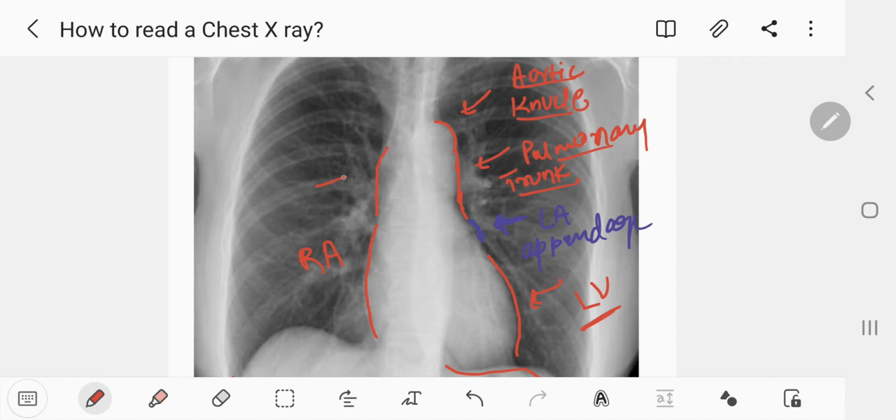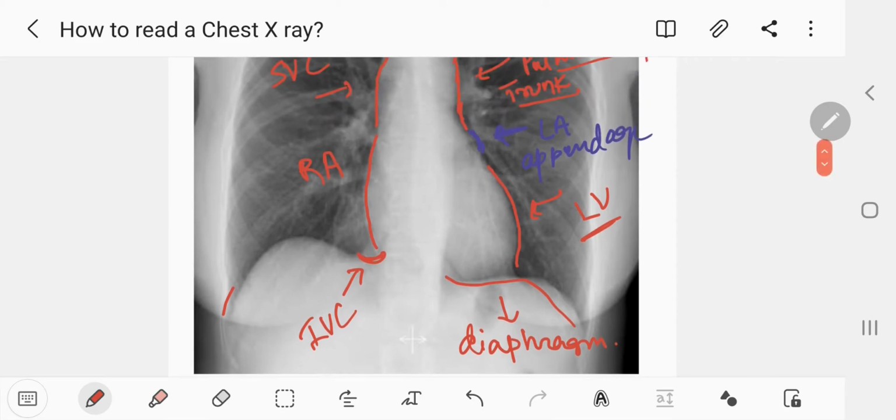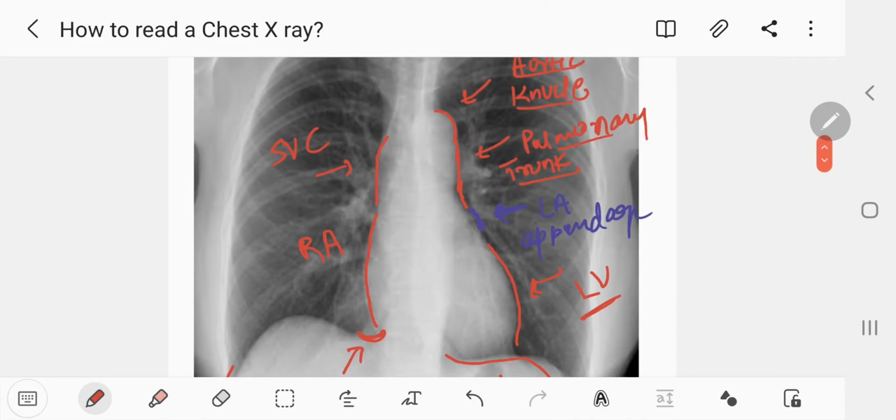Now, if you move forward over here, this is actually the shadow of the superior vena cava, which arises from the right atrium. And moving down over here, this is the shadow of the inferior vena cava, which I'm surely saying is not very easily identifiable, but I'm just giving you an overview of what is present.